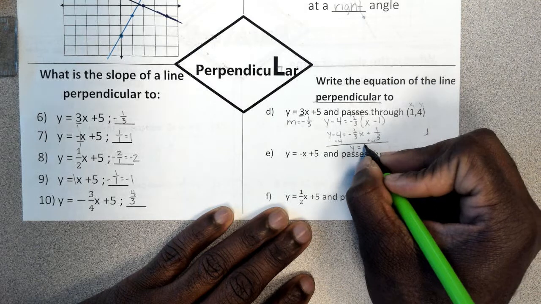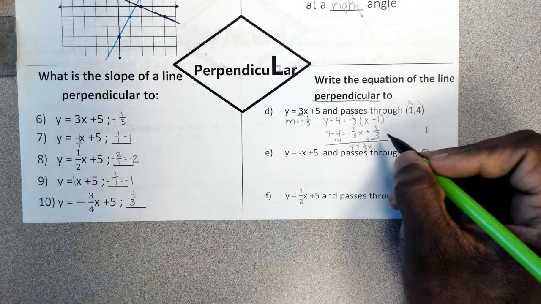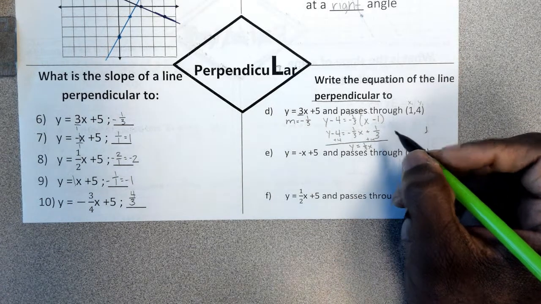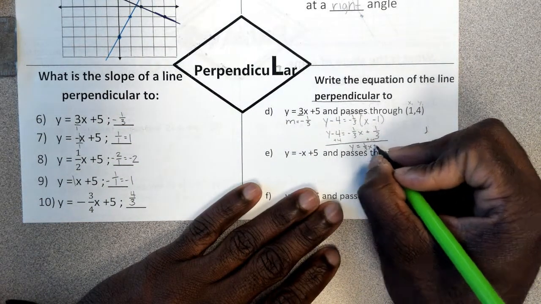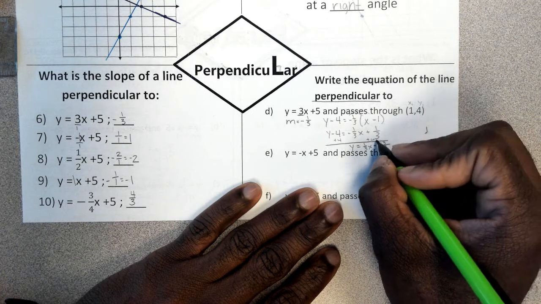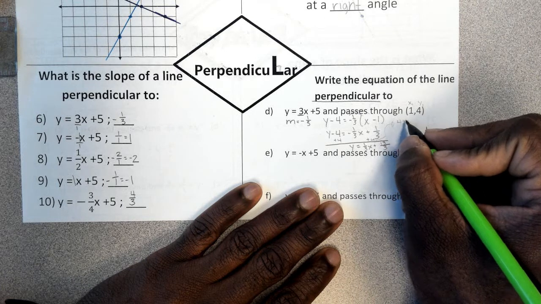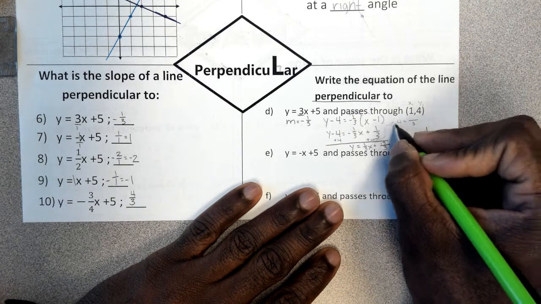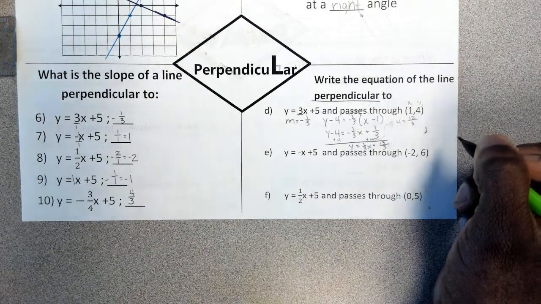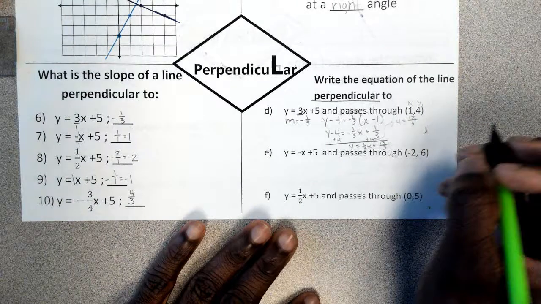Y equals negative 1/3 x plus 13 over 3. We have to make this 4 have a common denominator. So 4 equals something over 3. 3 times 4 is 12. That's where we get 12 from. So 12 over 3 is the same as 4.